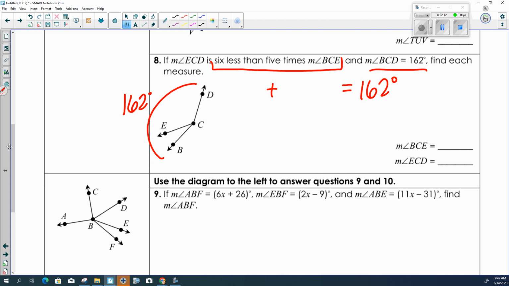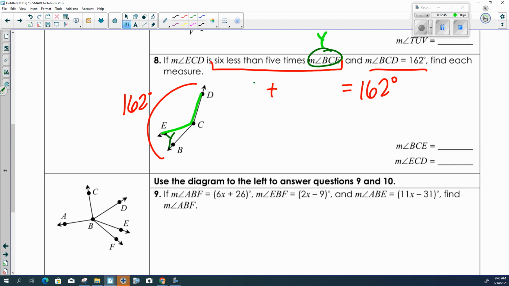So the first thing we're going to do, they're giving me angle ECD in terms of this guy. So if part of ECD is a different angle, I need to give it some type of a name. You can call it X, Y, Z, or whatever you want. I'm going to call it angle Y. Once I call BCE angle Y, this is going to make more sense.